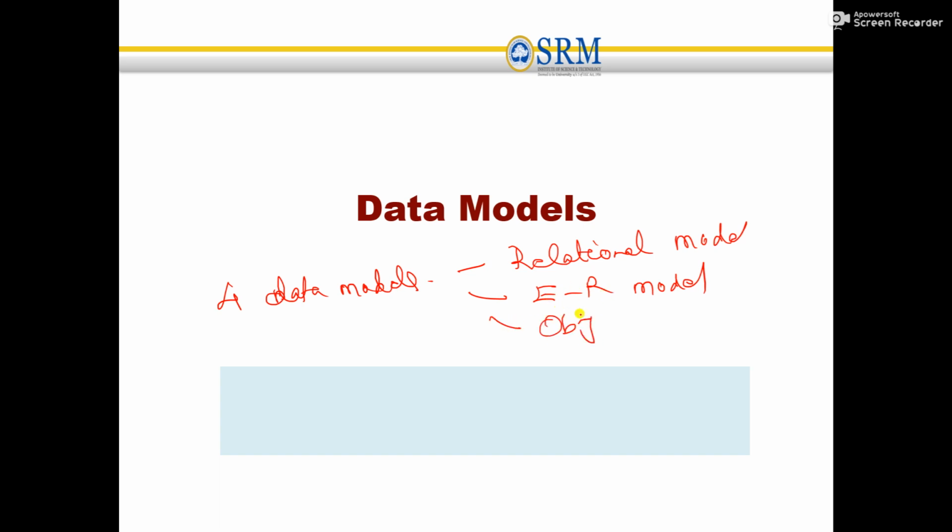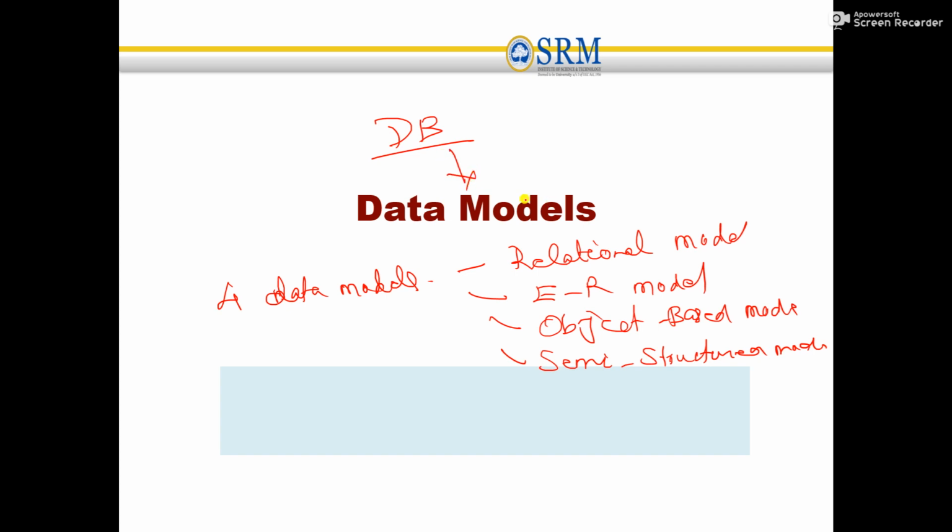Third is the object-based model. And the fourth is the semi-structured model. So whatever database we are going to create is based on any one of these models.